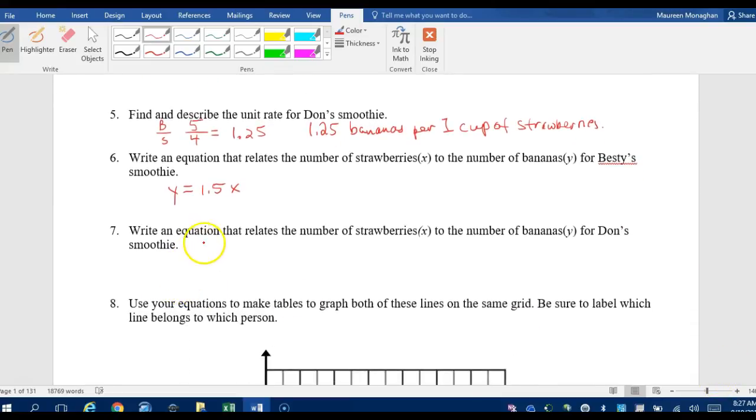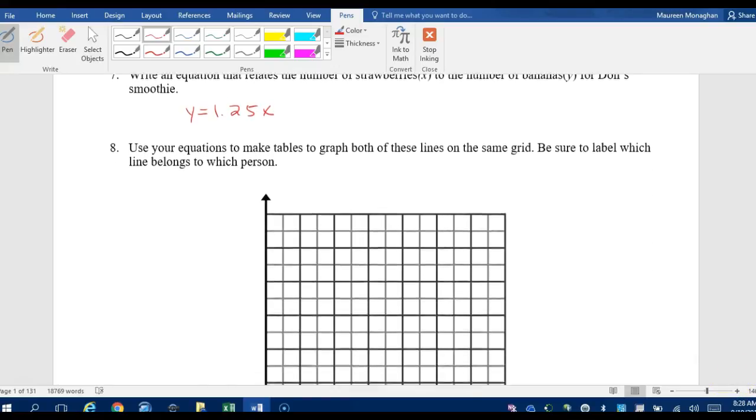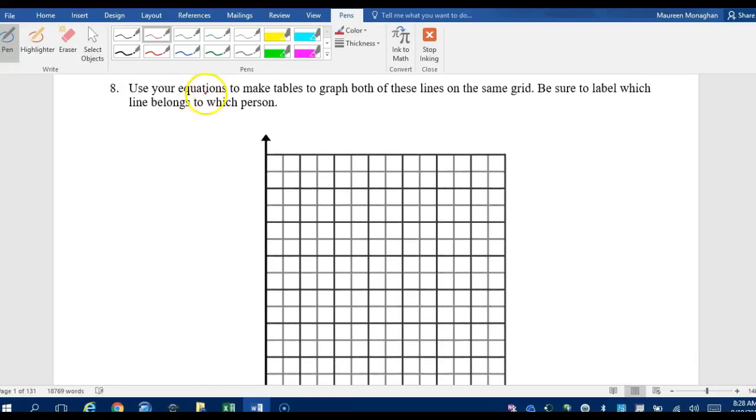His unit rate is 1.25, so that would be his equation. Use your equations to make tables to graph both of these lines on the same grid. Be sure to label which line belongs to which person. So we need tables, and then we're going to graph both lines.